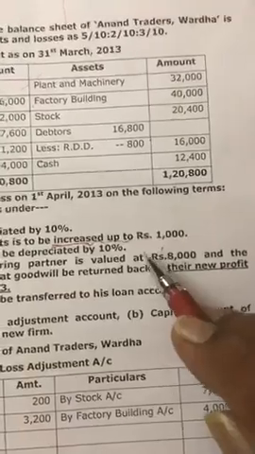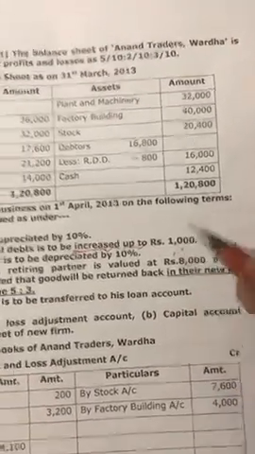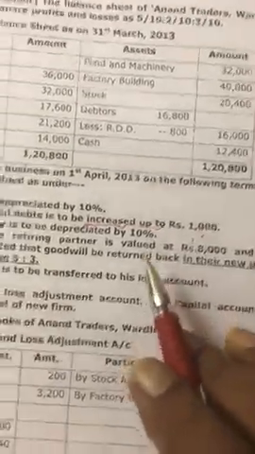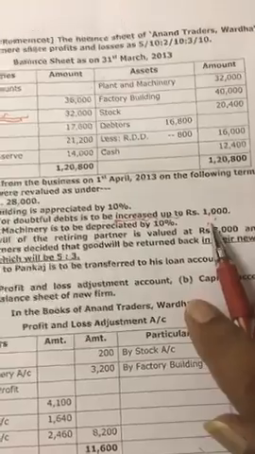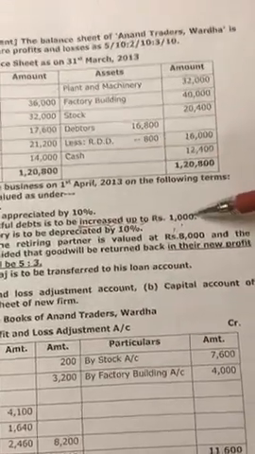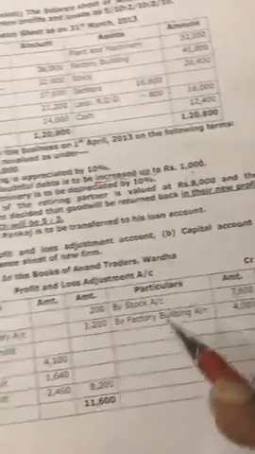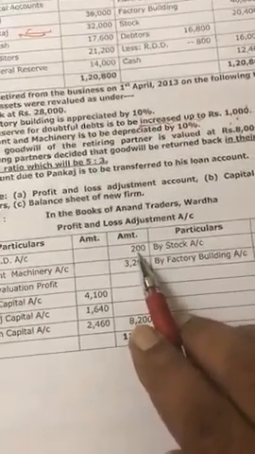And increased by means directly increased by 1000. Here, since it is given that it is up to 1000, from 800 to 1000, the effect to be given is only for 200.